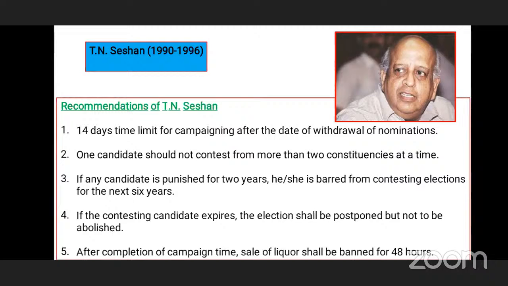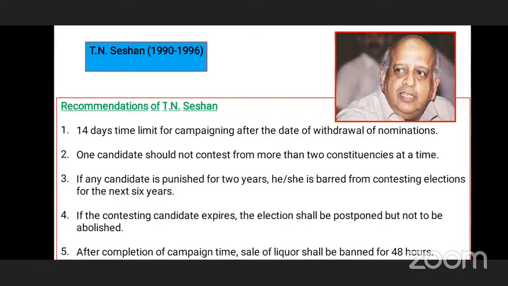What are the recommendations by T.N. Seshan in Indian Election Commission reforms? Look at that slide. A 14 days time limit for campaigning after the date of withdrawal of nominations.